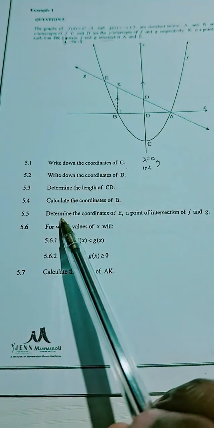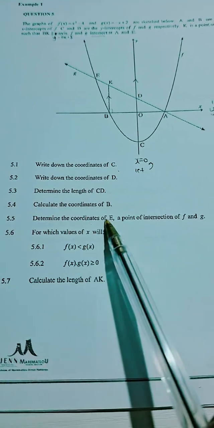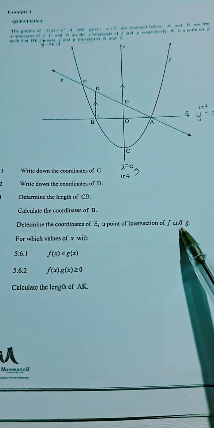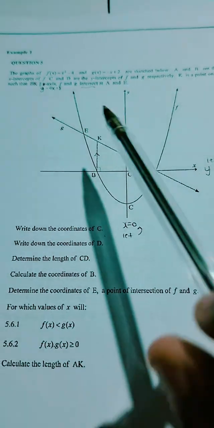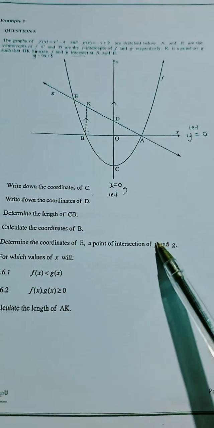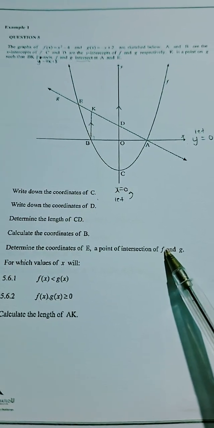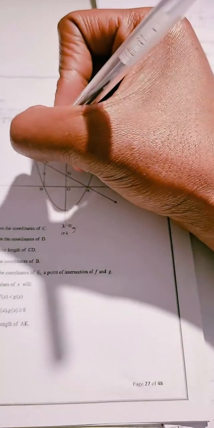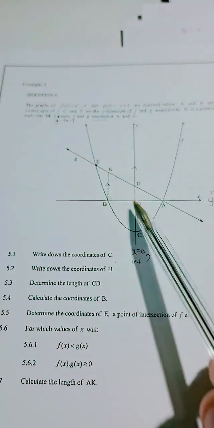Then moving right along, 5.5: determine the coordinates of E, a point of intersection of f and g. That's E. They want the point of intersection of f and g. E is a point where the two functions touch and cross each other.